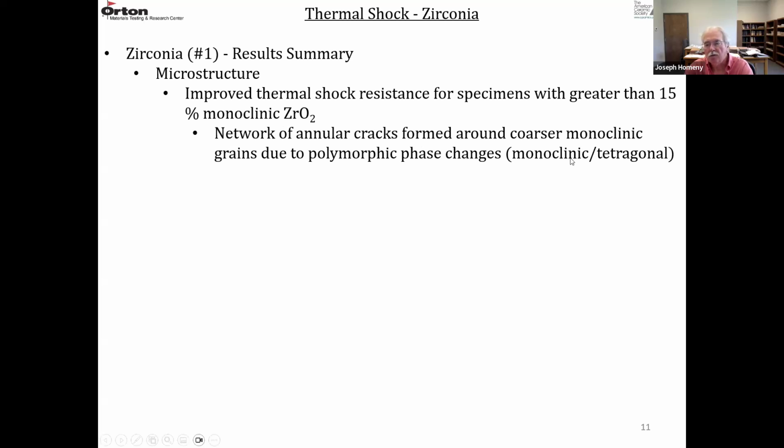Tetragonal is denser, so there's a volume decrease when it goes to tetragonal, and when it goes back to monoclinic, there's a volume increase. That creates cracks around the coarser monoclinic grains, and that increase in crack density, as we've talked about, gave rise to improved thermal shock resistance. So zirconia is a little different. They're using the phase change in this material to create higher crack density to improve the thermal shock resistance.